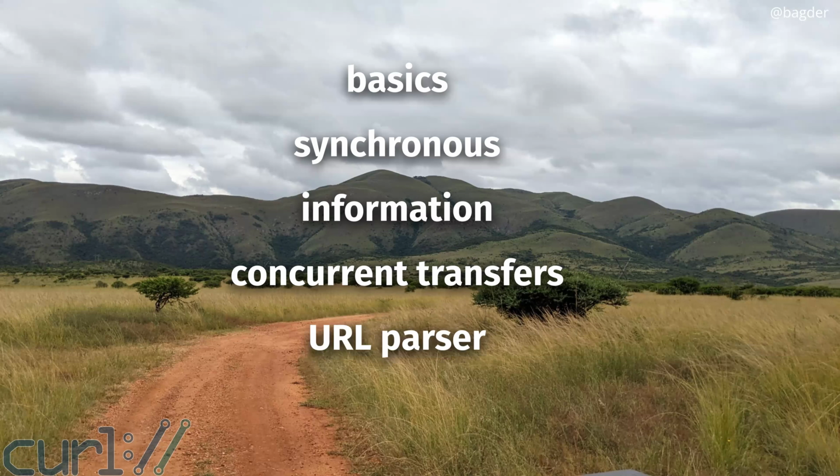And then a few slides and talk about how to work with a dedicated URL parser API that libcurl provides. And of course, the Q&A in the end, or merged into. So just fire away questions if you have anything.